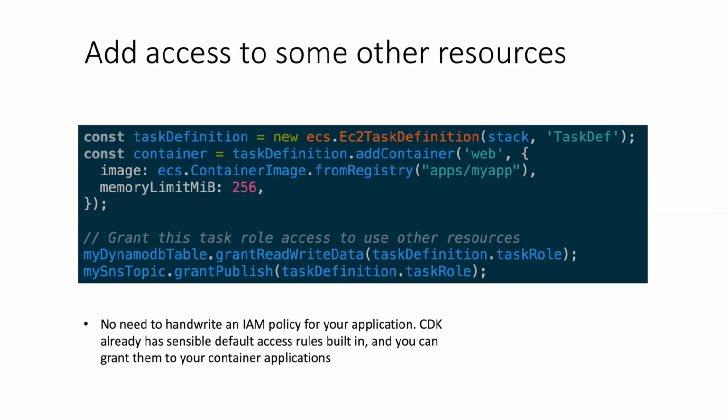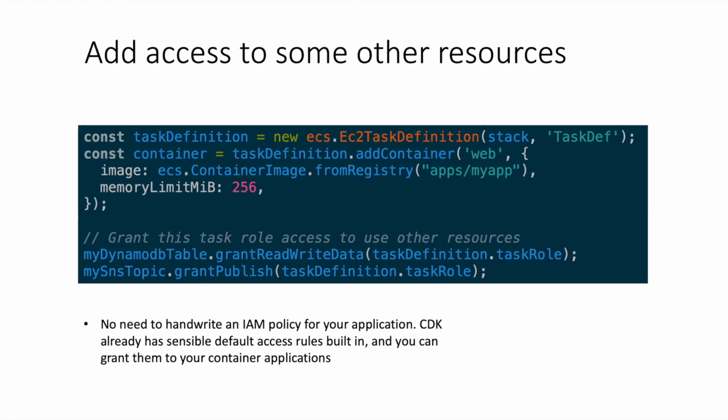So here I've created an ECS service using the EC2 task definition construct. And I have a DynamoDB table and an SNS topic that I want to grant my containerized application access to. So all I have to do is say my DynamoDB table dot grantReadWriteData to the task definition's task role.